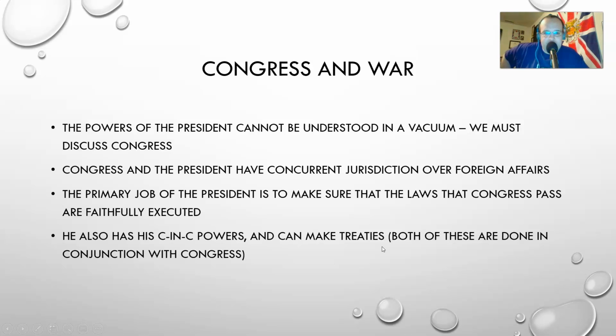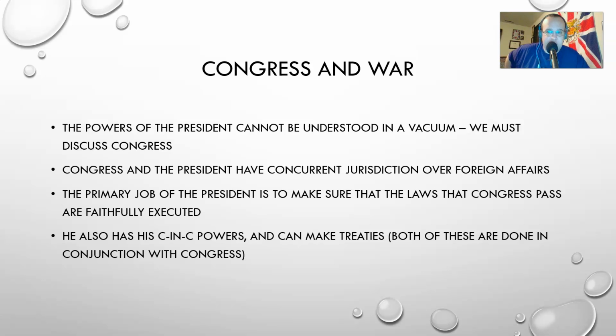So presidents' war powers can't be understood totally in a vacuum. We have to talk about Congress. Congress has to be looped in here because Congress and the president, all 536 of them, 535 in the House and Senate, and one president, have concurrent jurisdiction over foreign affairs. It's a check and balance.